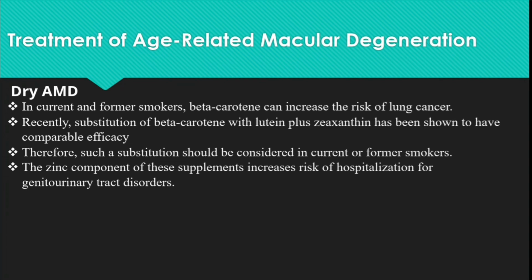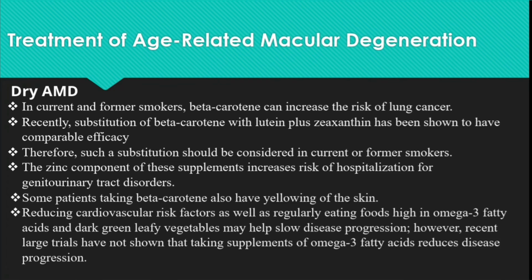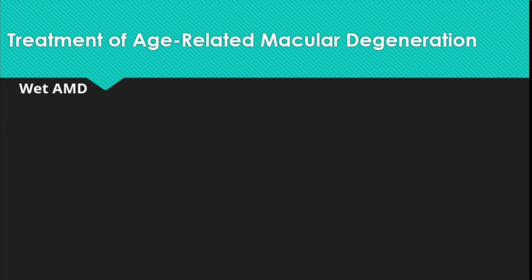The zinc component of these supplements increases the risk of hospitalization for genitourinary tract disorders. Reducing cardiovascular risk factors as well as regularly eating food high in omega-3 fatty acids and dark green leafy vegetables may slow the disease progression. However, recent large trials have not shown that taking supplements of omega-3 fatty acids reduces the disease progression, right? Okay, that's about the dry form.